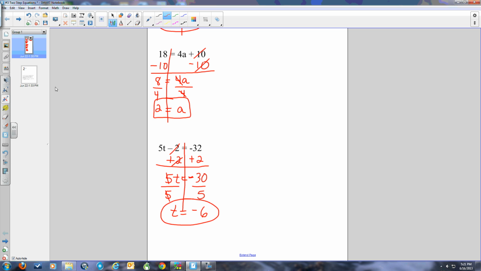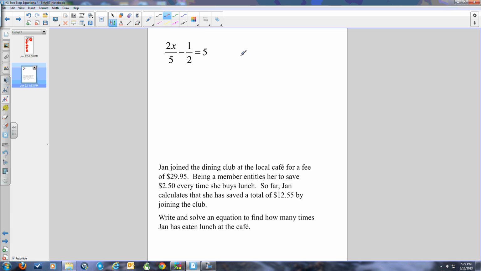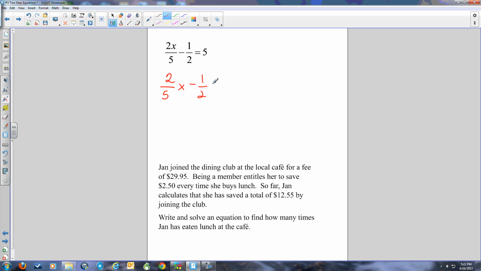Let's go on to the next page. We have 2x over 5 equals negative 1/2. We can rewrite that if we want as 2/5 x minus 1/2 equals 5, and that will make it a little easier for us.